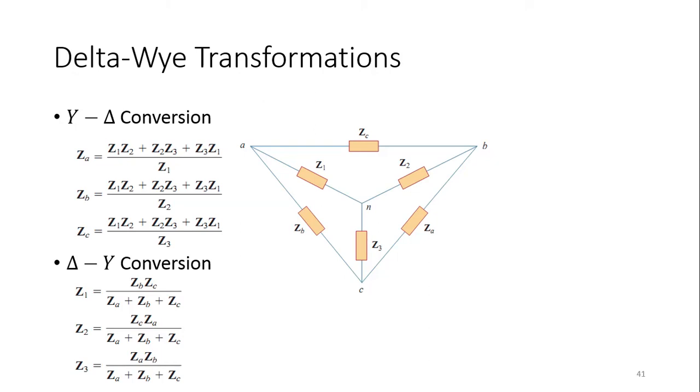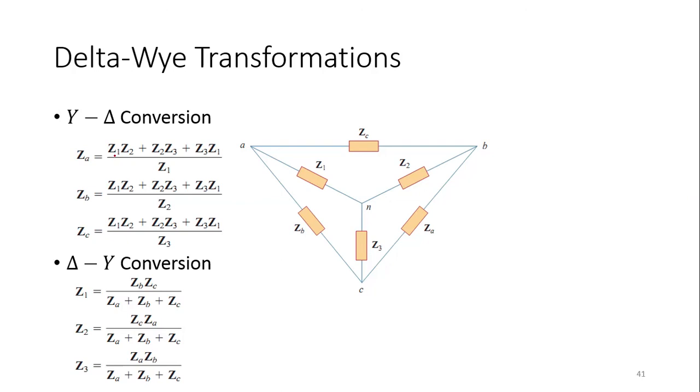Now the delta and Y transformation. For example, we are given some circuit in Y form and we need to convert it into delta configuration. So Y to delta transformation relationships can be used. Such relationships were derived also in the case of DC analysis.